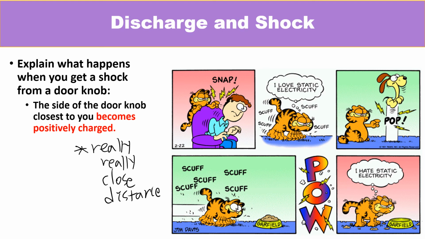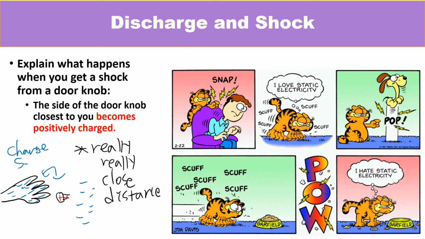I cannot draw that well, but hand, doorknob, will be more positively charged because electrons are going to be on the opposite side. That's a lot of electrons. We see a bit of a charge separation.